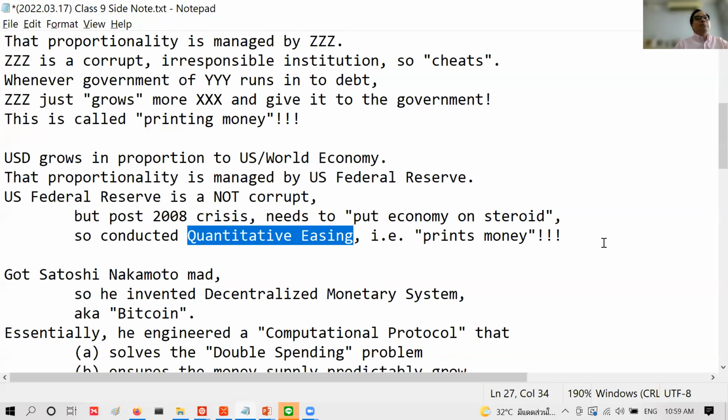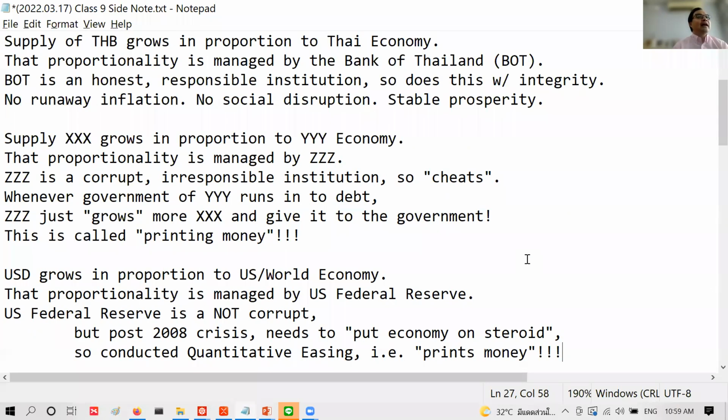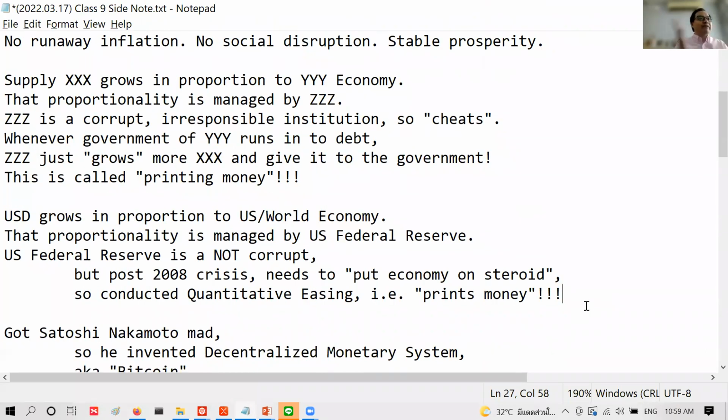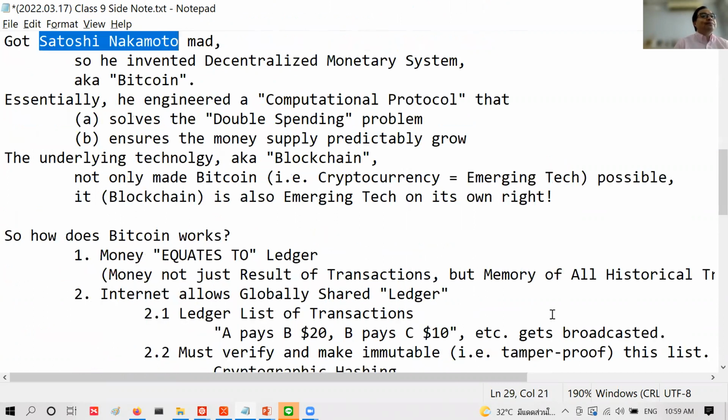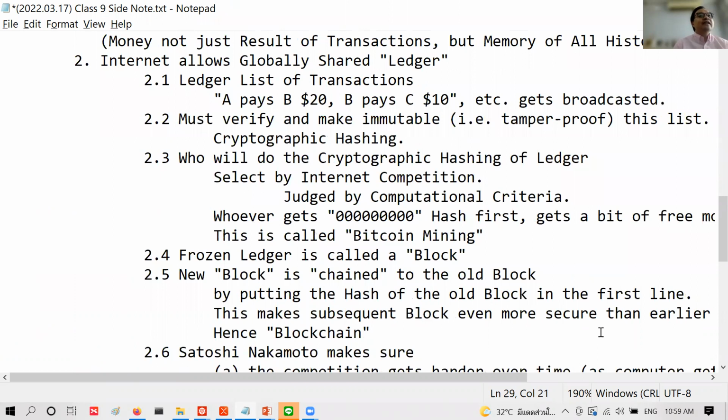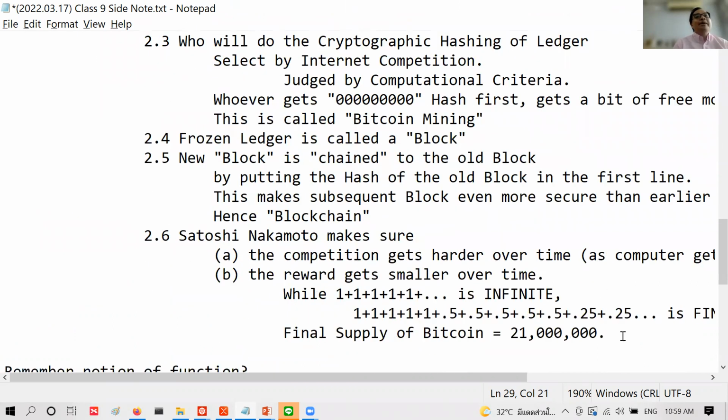But what if the United States wanted to do something because it has run into debt, or whatever, just manipulate some kind of thing? So this is centralized. It's control, basically. So that's why this idea is very appealing. It's efficient because it uses the internet, but it's so appealing because there's no central control.